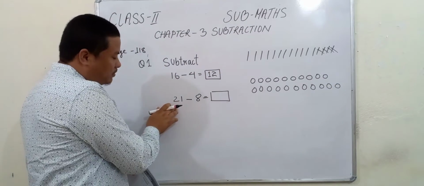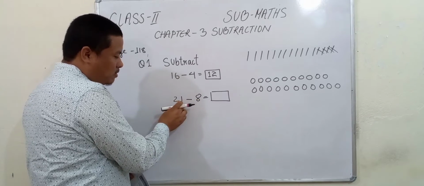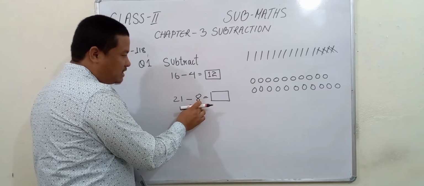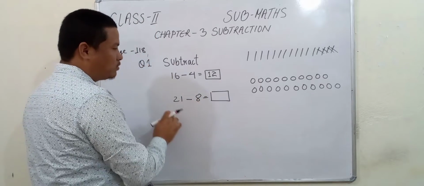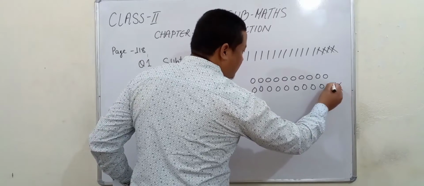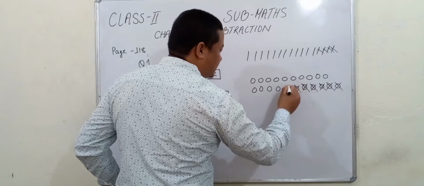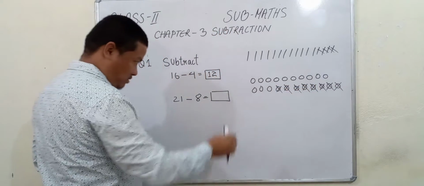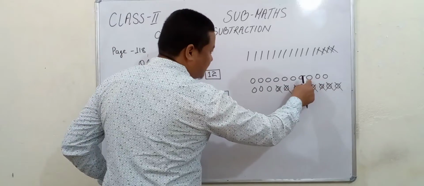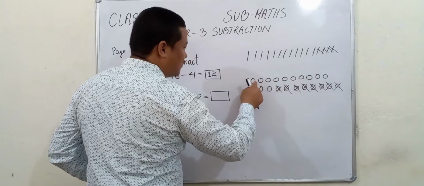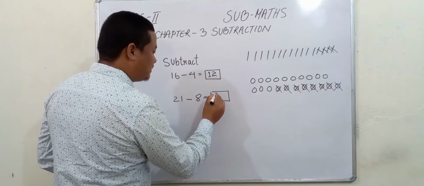From 21, from a larger number, we have to subtract a smaller number. From 21, you minus 8. So let's take out 8 from 21. 1, 2, 3, 4, 5, 6, 7, 8. Now count the rest of the balls. 1, 2, 3, 4, 5, 6, 7, 8, 9, 10, 11, 12, 13. So 21 minus 8 is 13.